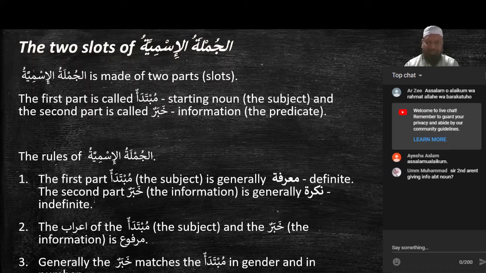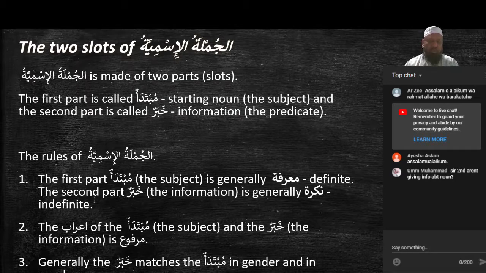And the second part is called Khabarun, the information or the predicate. So Jumla Ismiya is made of two parts. The first part is called Mubtada'un and the second part is called Khabarun. Mubtada and Khabar.